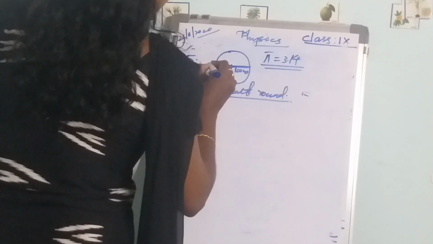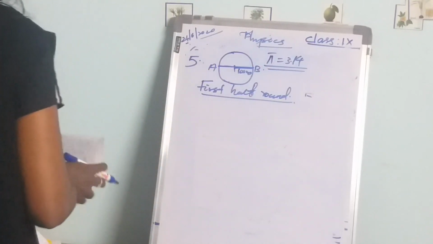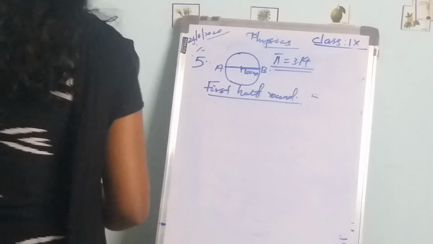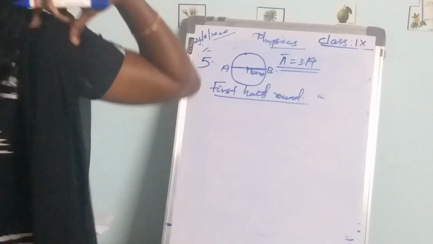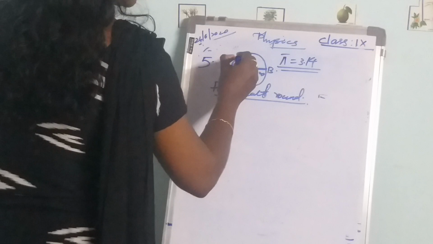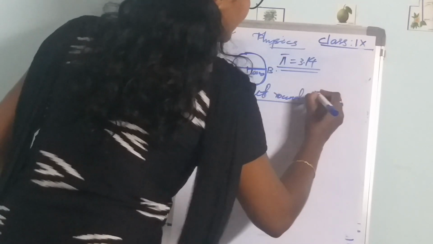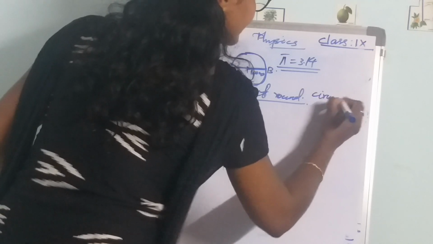We can extend this line and mark it as AB. AB represents the diameter of the circle. This whole path represents the circumference of the circle.